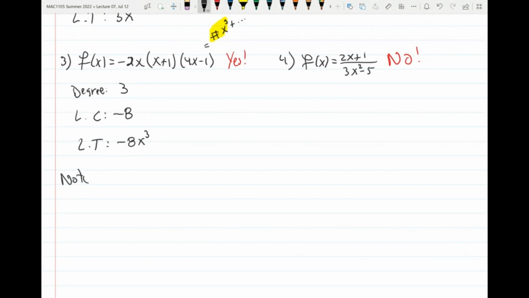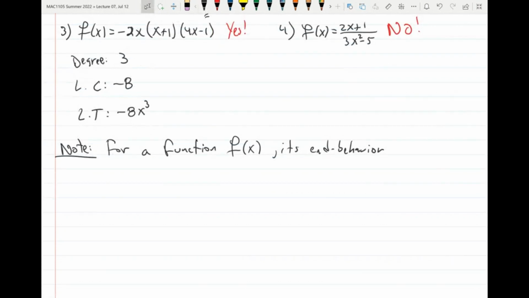Note, we're going to talk more about end behavior for rational functions, but for a function f of x, its end behavior, if you study calculus, there will be another fancier name for it: limits at infinity. Basically, when we ask for the end behavior of a function, it's what happens to the function when x is very big in the positive and in the negative direction.